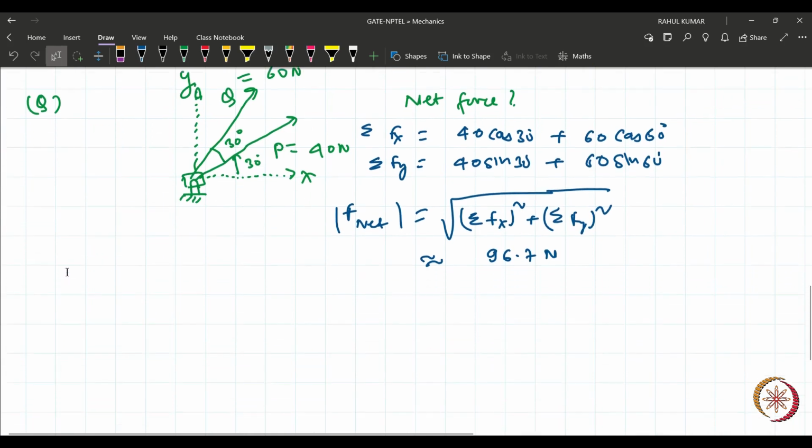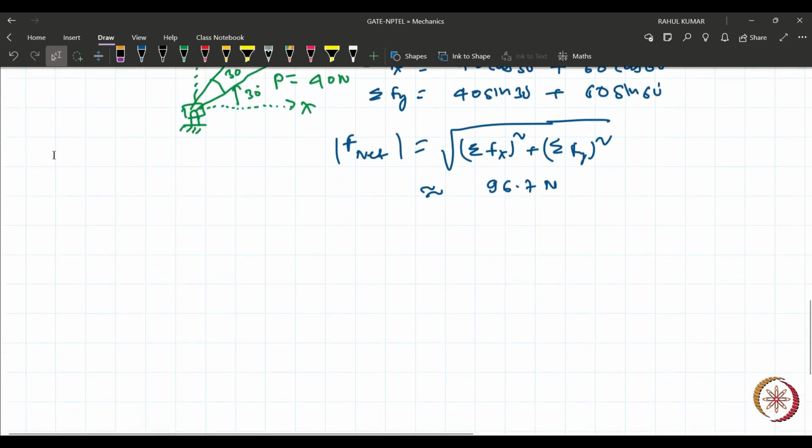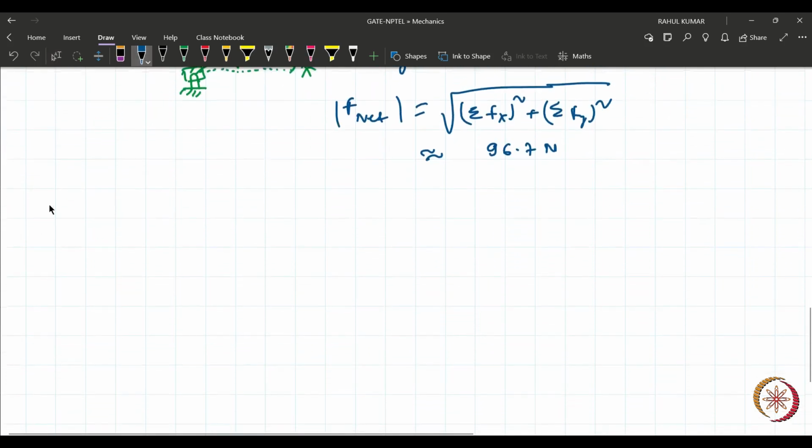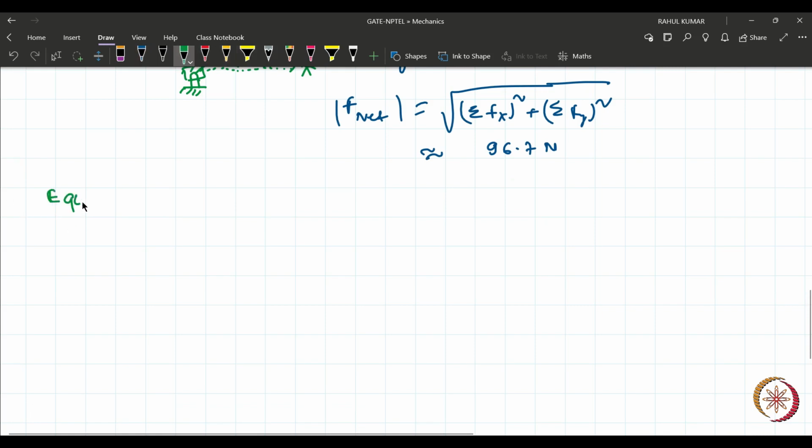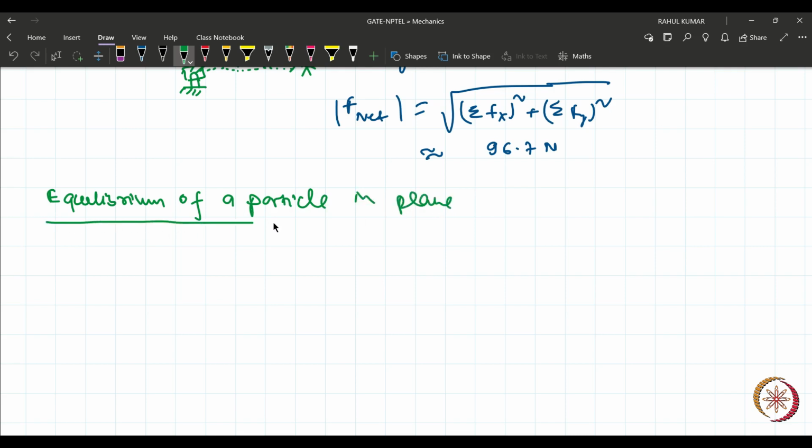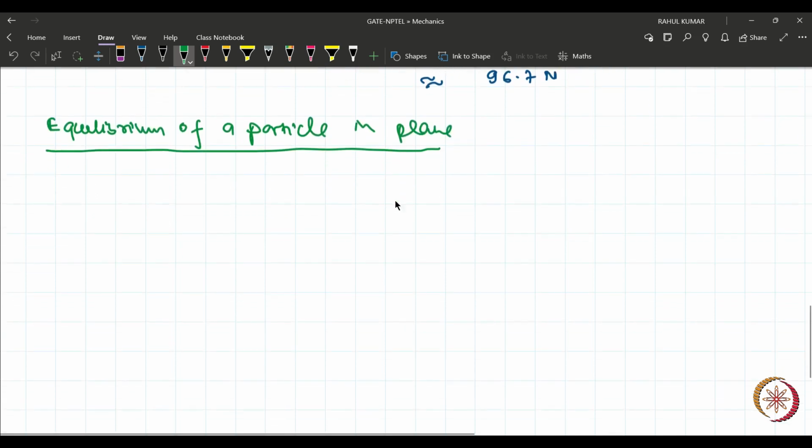Now another topic is equilibrium of a particle in plane. If I talk about a particle, then I have already said that the particle does not have any moment or torque.